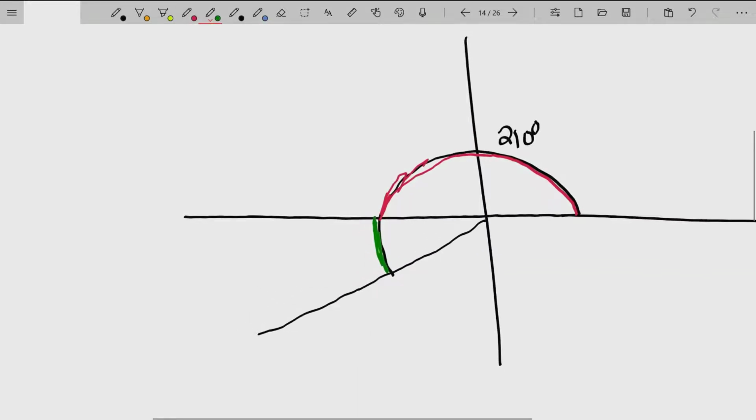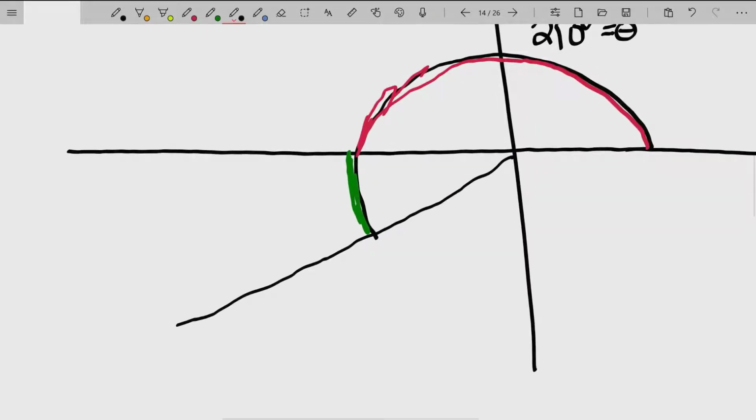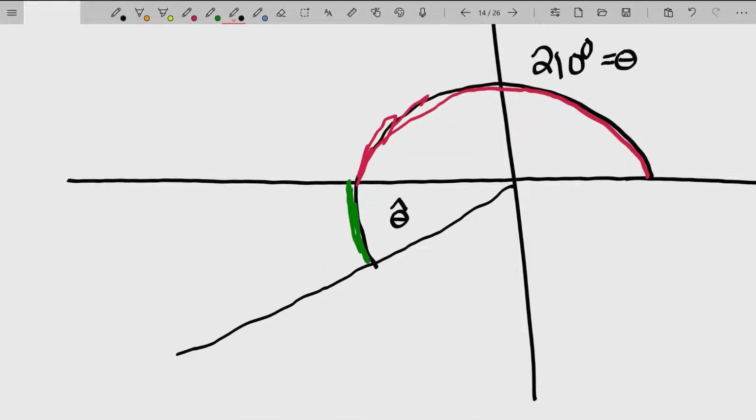So if our angle is labeled theta, it is tradition to use theta hat as the reference angle notation. Let's just say that was 210 degrees right there. So we went 180 plus an additional 30 degrees.